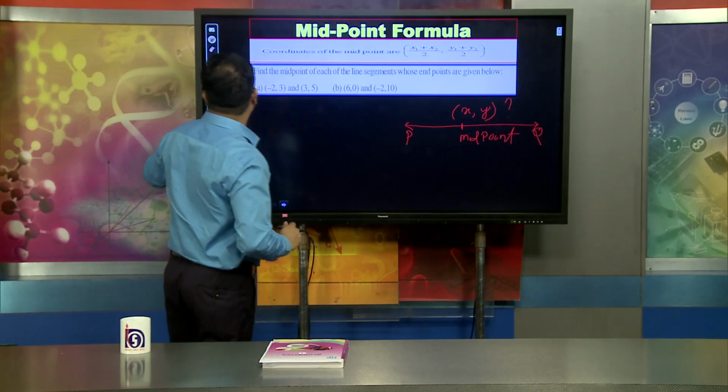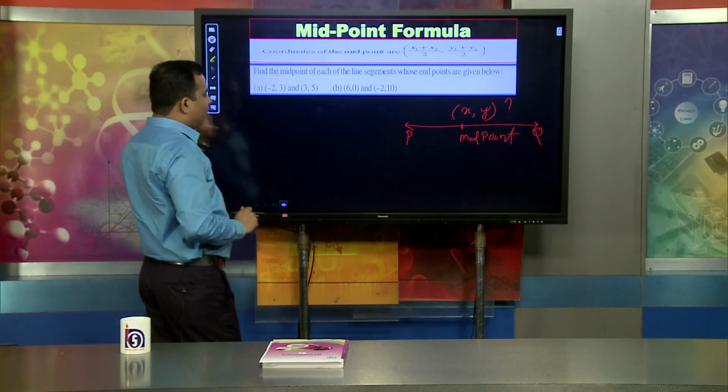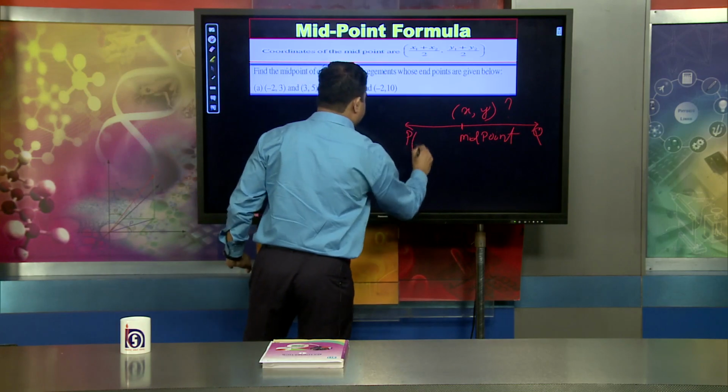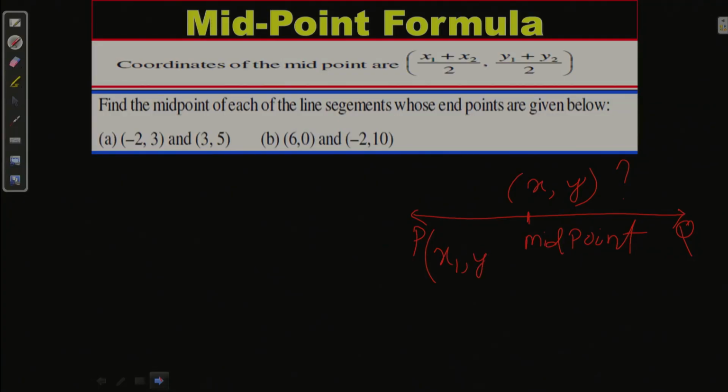Very simply, suppose the coordinate of P is x1, y1 and Q is x2, y2.